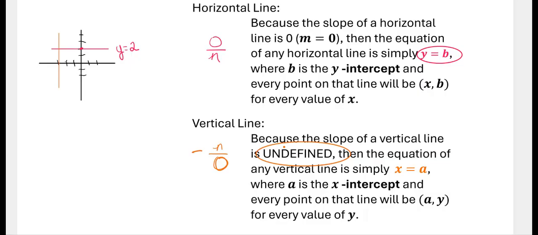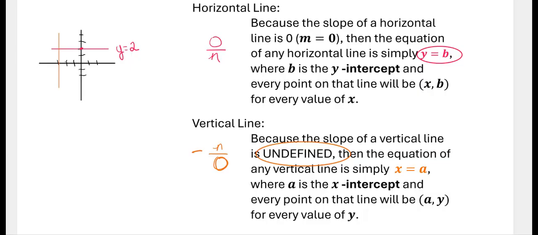You have to write the equation in the form of just an x, because on this orange line here, it doesn't matter what my y is, my x value is going to be the same. In this case, it's -3. So every x on this line is -3. -3, 0; -3, 1; -3, 2; -3, -1; -3, -2.